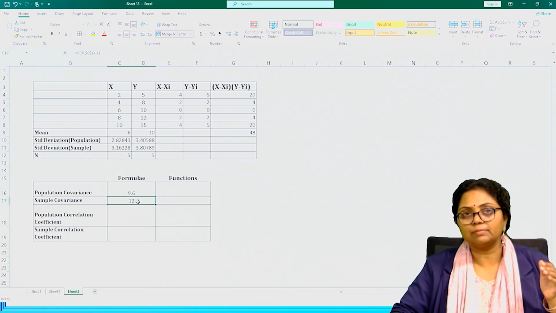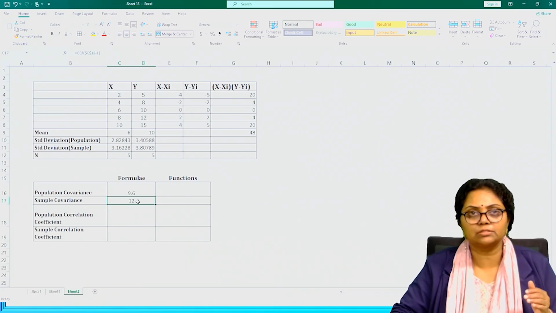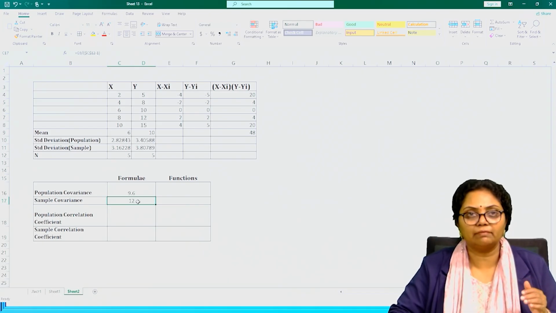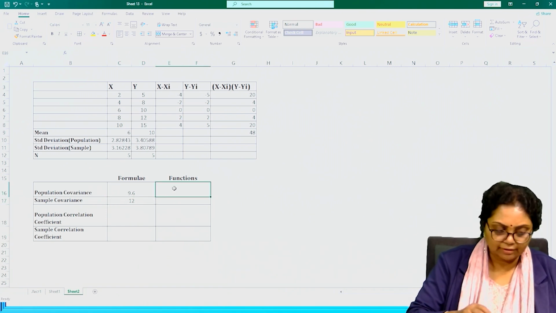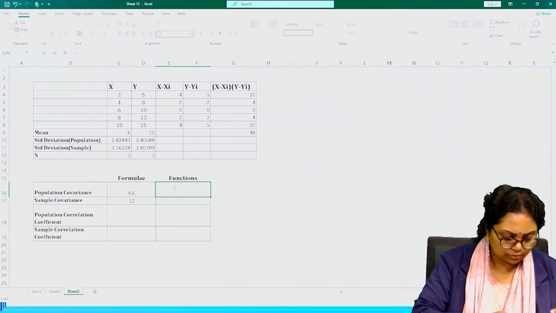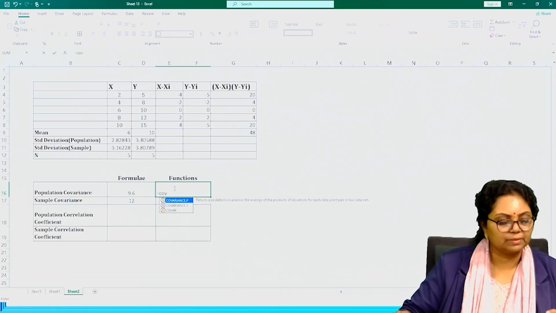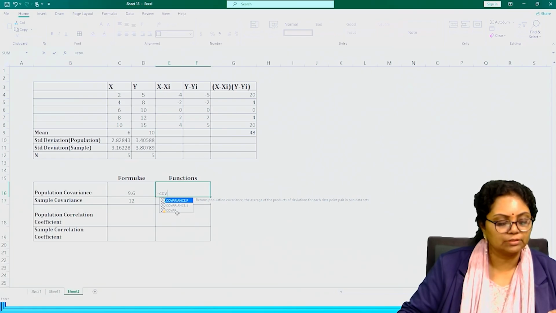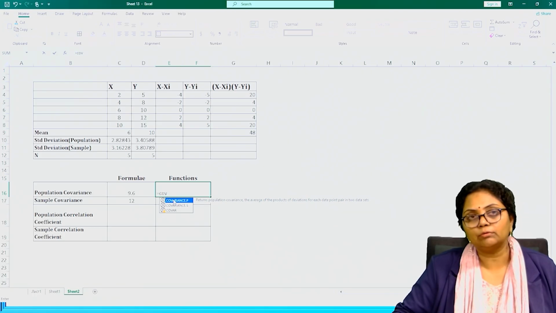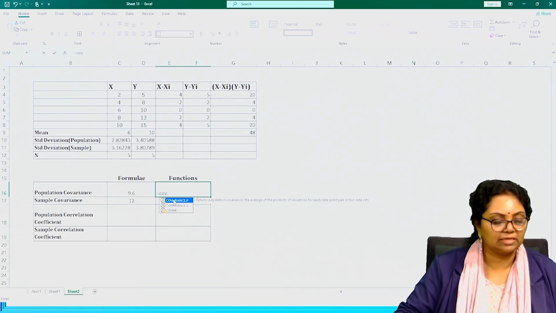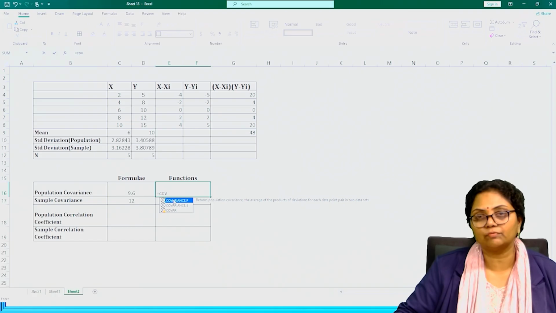Now let us make use of the default functions that are already available in Excel. For covariance we already have COVAR. If we just press COV, we get the options like COVARIANCE.P, COVARIANCE.S and COVAR. As we have seen in the previous session and in the previous slides, to find the population covariance, the default function in Excel is COVARIANCE.P.